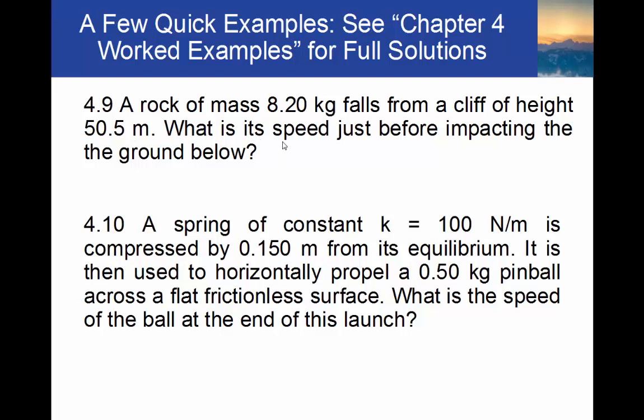What we want to know is what the speed of the rock is just before impacting the ground below. We can make a couple assumptions. The big assumption is that the rock has fallen with an initial speed of 0. The other big assumption is that there's no air resistance or anything like that. The rock is in free fall the entire time.